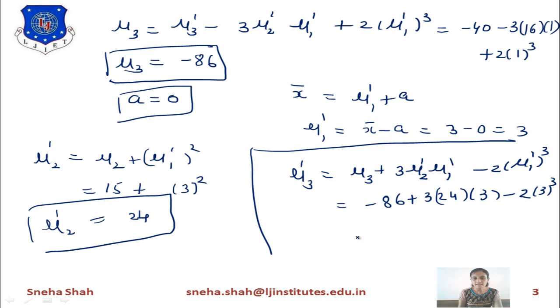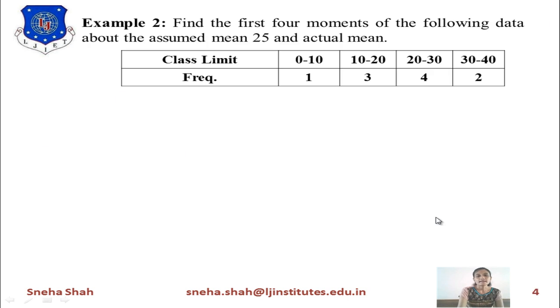If we simplify this term, it gives the answer 76. So this one is the third moment, which is mu3 dash. This way we can find the first moment as 3, the second moment as 24 and the third moment equals 76.